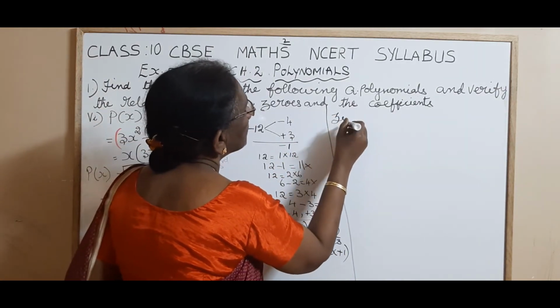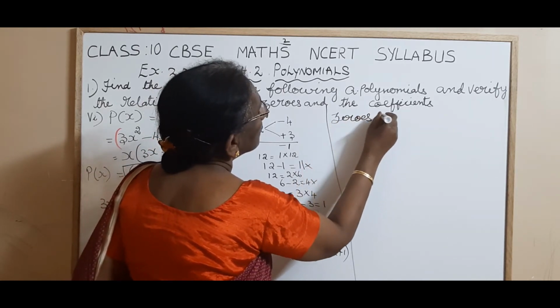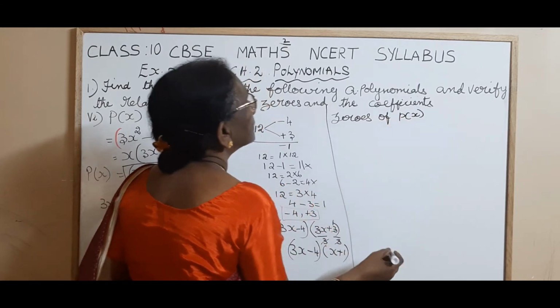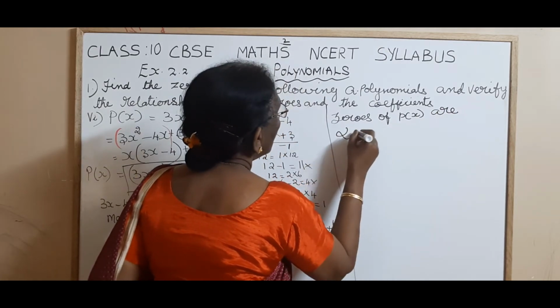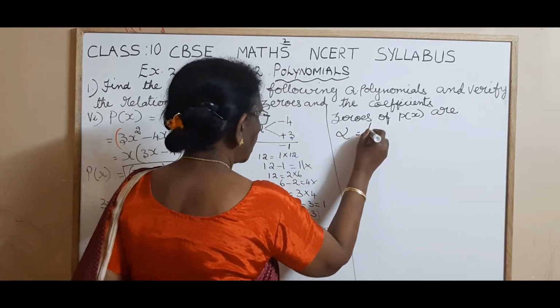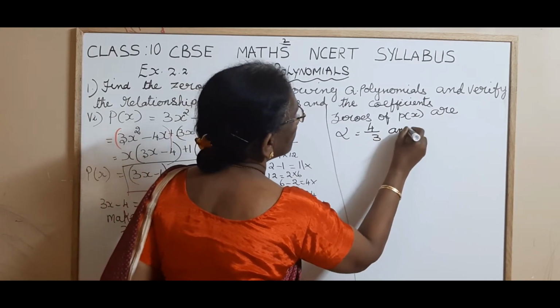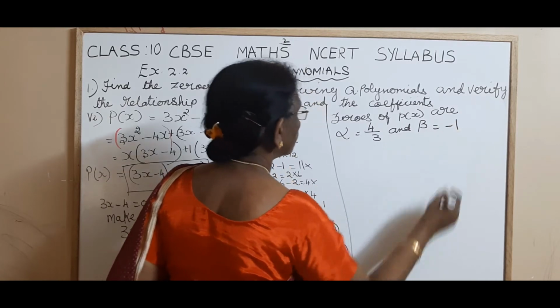Zeros of p of x are alpha is equal to 4 by 3 and beta is equal to minus 1.